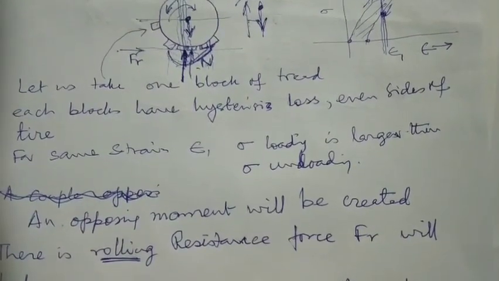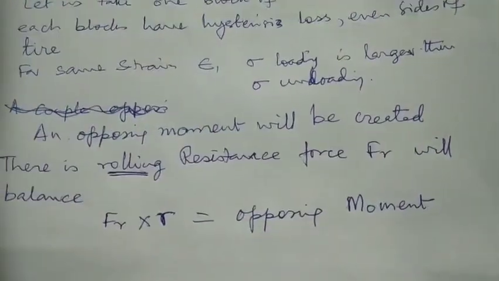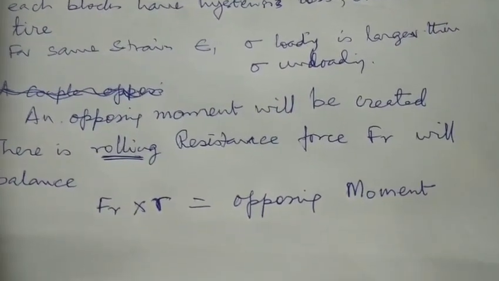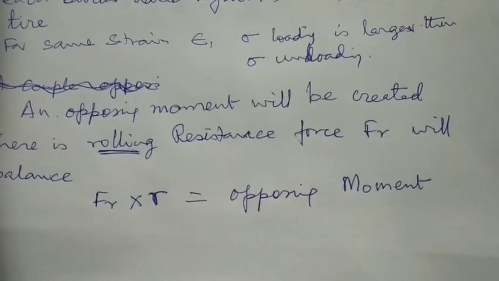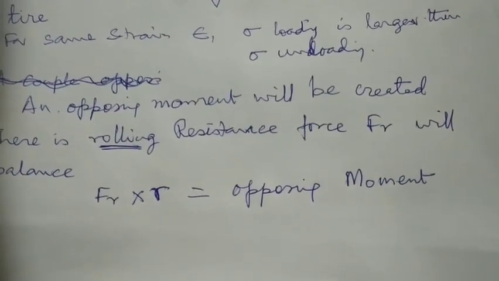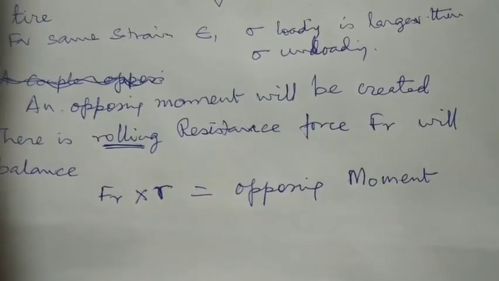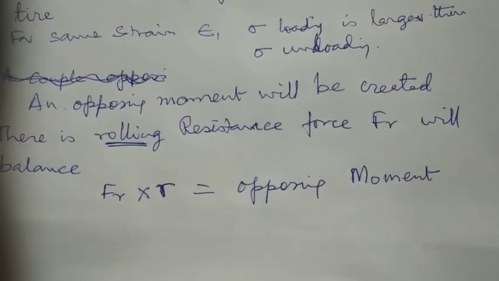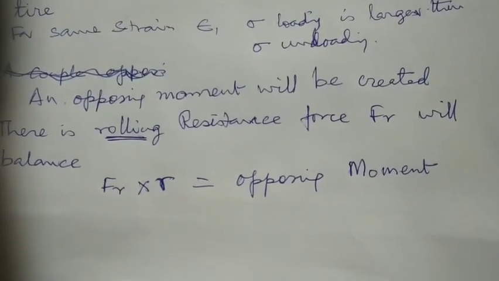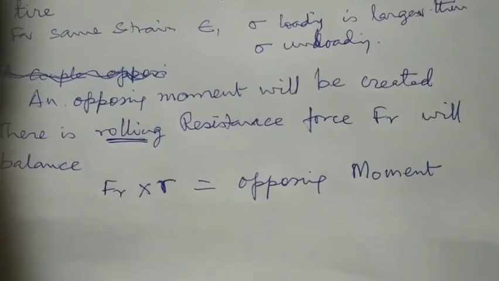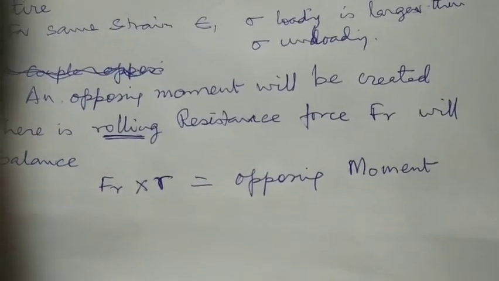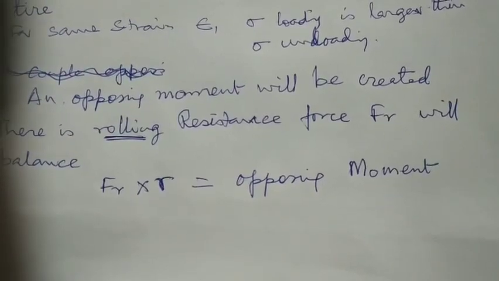I am writing: an opposing moment will be created. This created opposing moment is known as rolling resistance. It is a resistance offered in the form of a moment which does not allow the vehicle to move freely. It is the resistance towards the rolling or tracking of the vehicle.